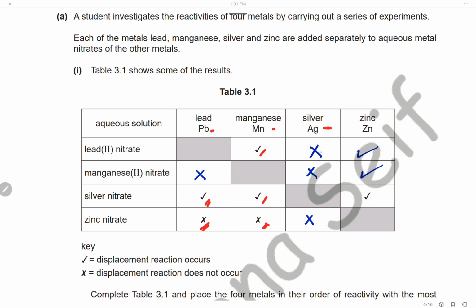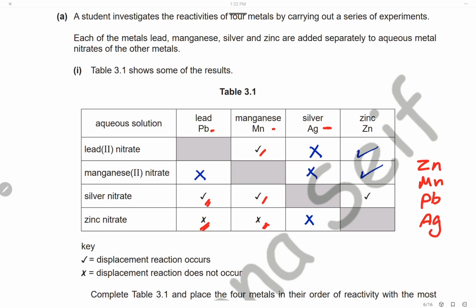It cannot displace manganese, lead or zinc. So zinc is the most reactive, followed by manganese, because manganese cannot displace zinc. And after that, manganese can displace lead, but lead cannot displace manganese. So lead is the third metal, and finally silver is the least reactive.